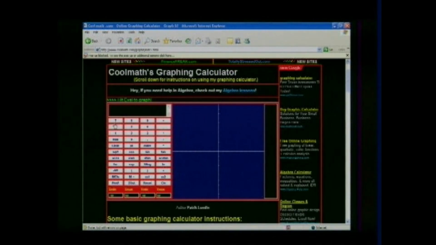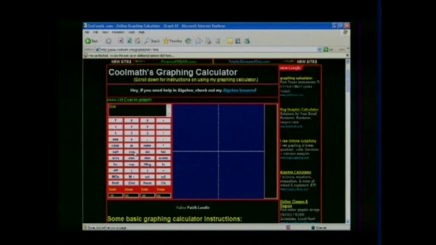So you put 72 divided by, in parentheses, 9 minus t.